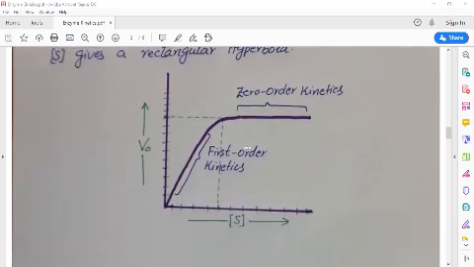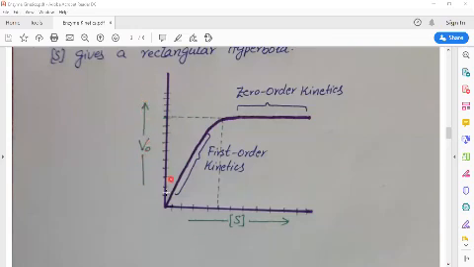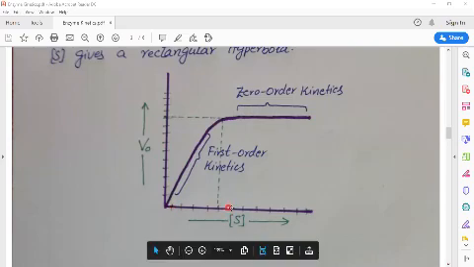In this graphical representation, we can see the substrate concentration is along the x-axis. The initial velocity V naught, or the rate of enzymatic reaction, is along the y-axis. As the substrate concentration increases, the rate of enzymatic reaction also increases.